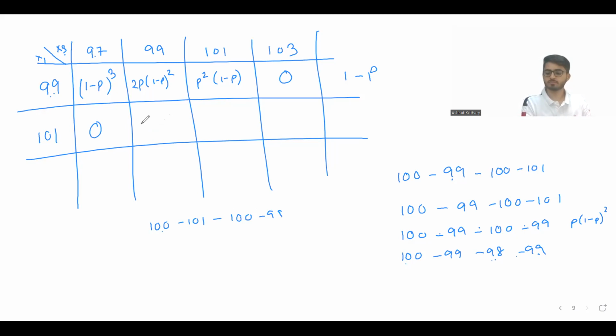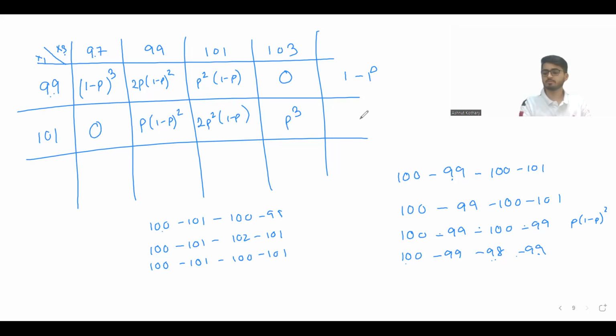This is the only way, so this will be p into (1 minus p) whole square. Then next, 100, 101, 102, 101, and 100, 101, 100, 101, so this will be 2p square (1 minus p), and for 103, this will be p cube. If you add all these up, this will come out to be p only. And if we add the columns, the different rows of each column, (1 minus p) whole cube.